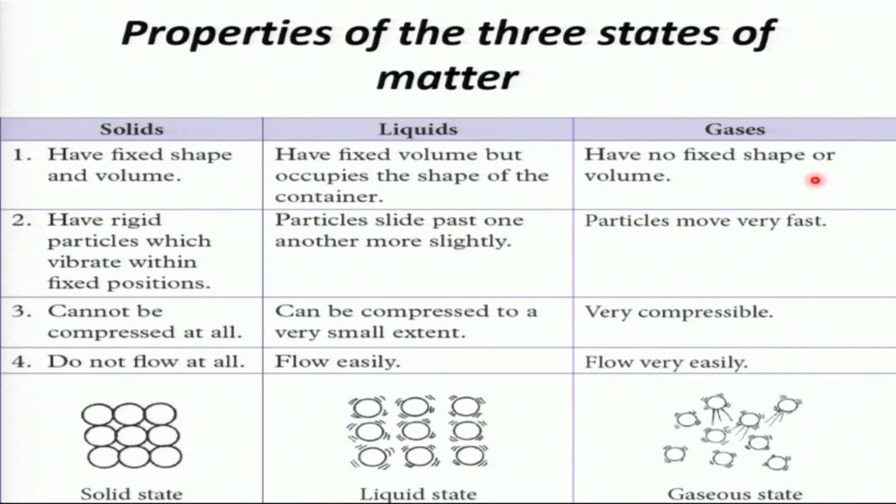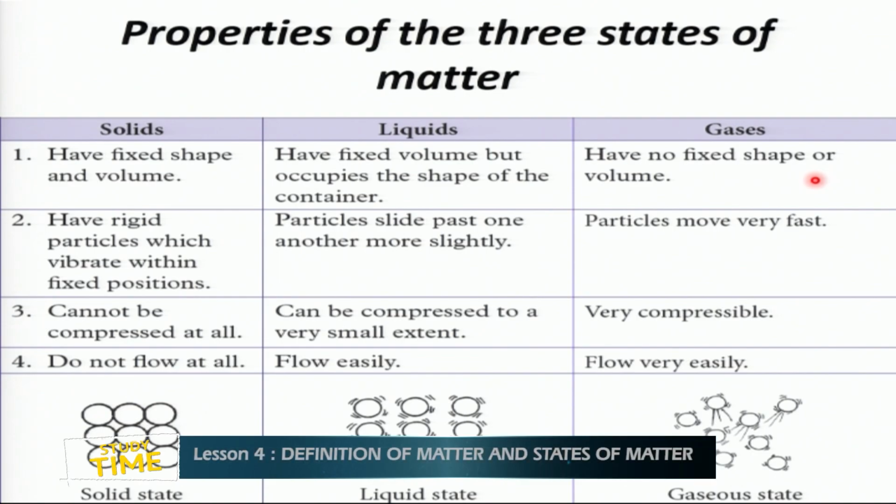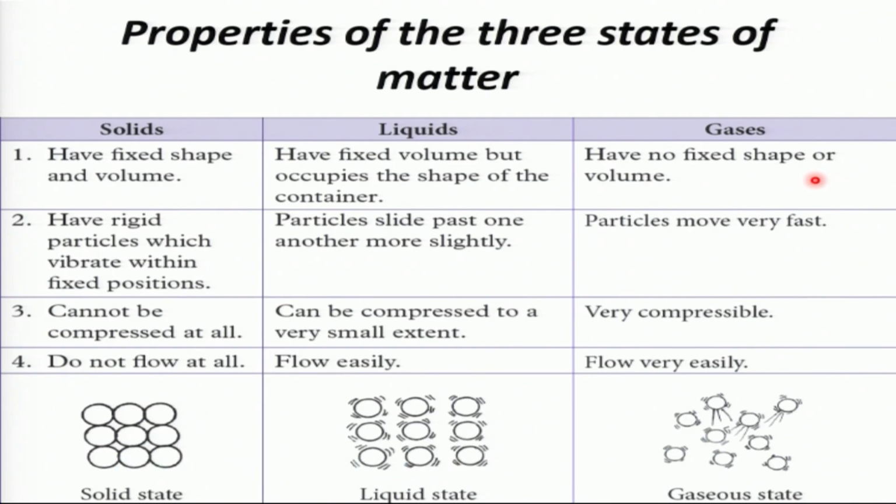For a gas in a container, you need to cover the container such that you maintain the gas. So let's say you want to remove that gas and pour it into another container. It takes the shape of that container in which you have put it. But you need to cover for the case of gases. For the liquid, no need of covering.